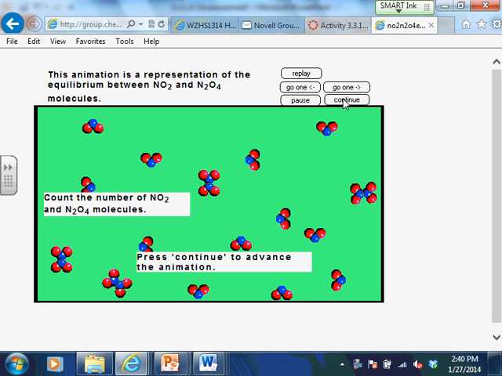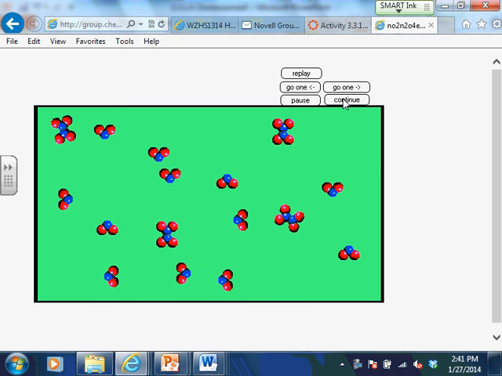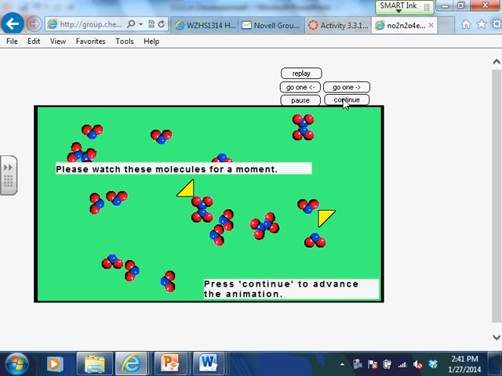1, 2, 3, 4. 4 of the N2O4. 12, it looks like, of the NO2. Okay, so we can continue. It says, please watch these molecules for a moment. Okay, so these molecules are about to hit one another, and I'll bet you can guess what's going to happen.